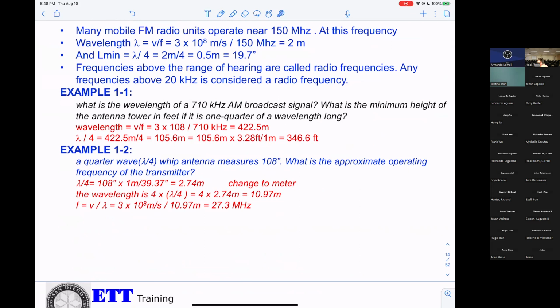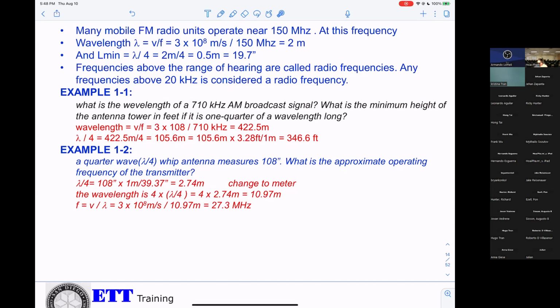Okay, now this is an example, and I already told you how to calculate it. What is the wavelength of a 710 kilohertz AM broadcast signal? What is the minimum height of the antenna tower in feet if it is 1/4 of a wavelength long?